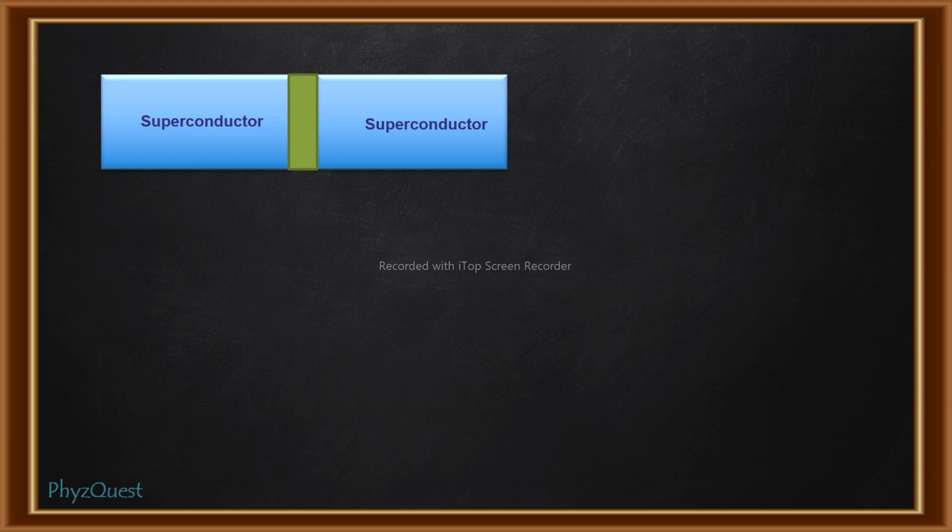But in the case of the Josephson effect, it is the Cooper pairs, since superconductors have Cooper pairs, that flow from one superconductor to the other via tunneling, from the higher concentration side to the lower concentration side.